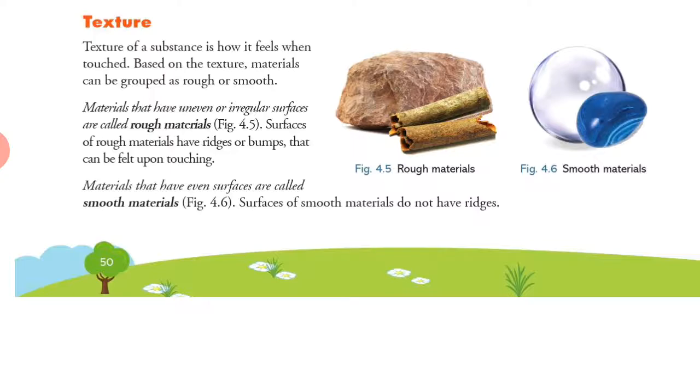In the next picture on the right side you can see the smooth materials. Their surface will be regular. Got it? So the third classification is on the basis of texture. Got it?